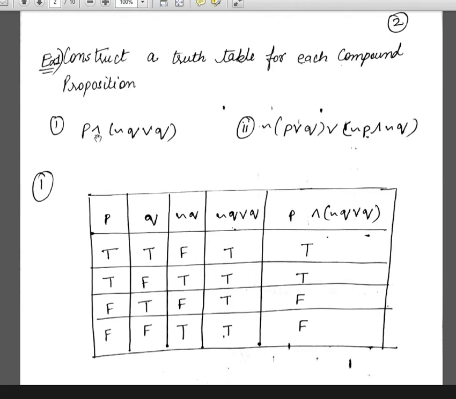The first question is to construct the truth table for P and (negation Q or Q). This symbol means conjunction, then in the bracket, negation Q, disjunction, Q. So how can you read it?